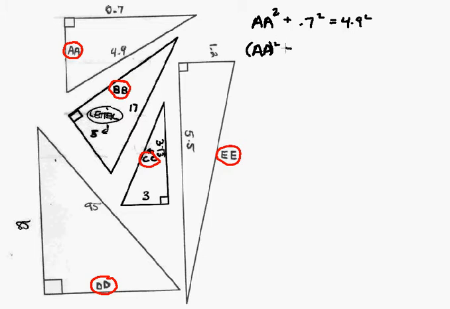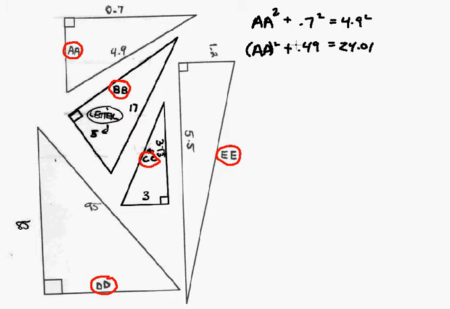So that side squared plus 0.7 times 0.7, I believe is 4.9, but double check. 0.7 times 0.7 is indeed 0.49, not 4.9. And 4.9 squared gives you 24.01.